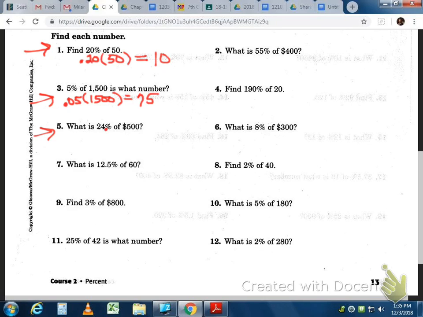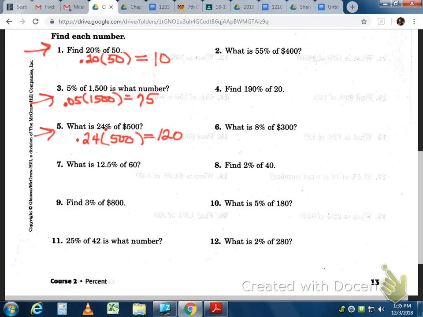But when we change it, you're supposed to move it. 0.24, of is times 500. 0.24 times 500. 120. Do you see why a calculator is going to be important for you? Okay, you could do it without, but it's going to be a lot simpler with one.